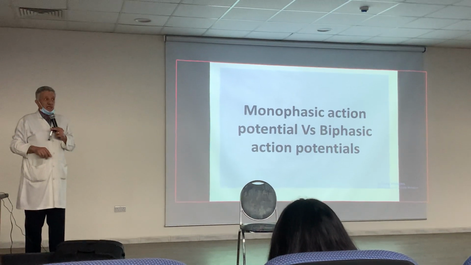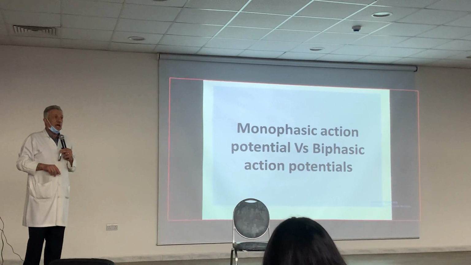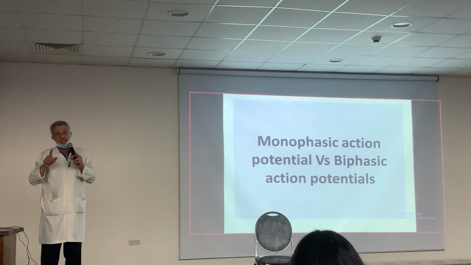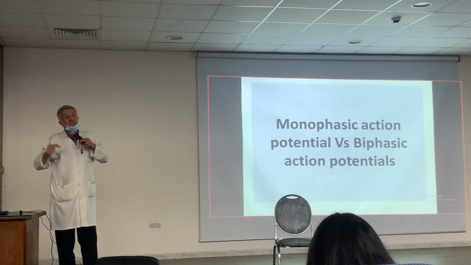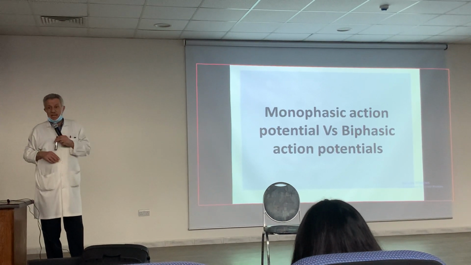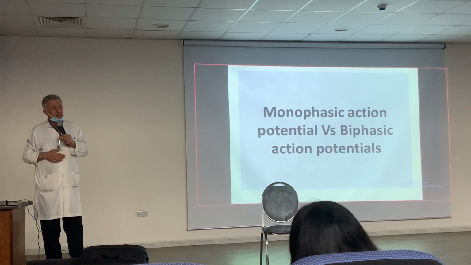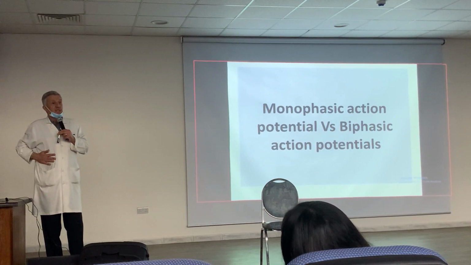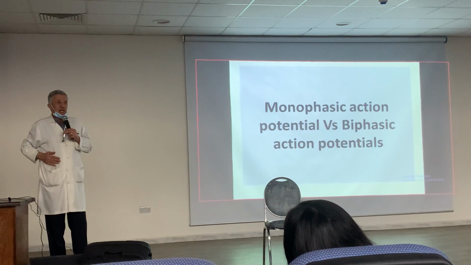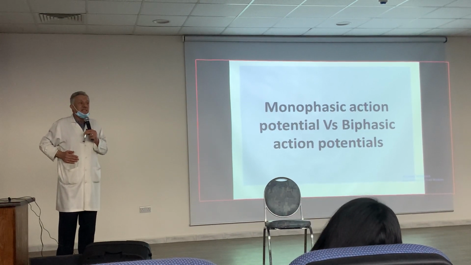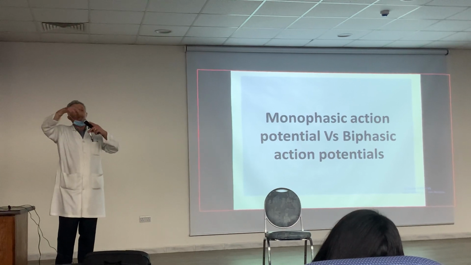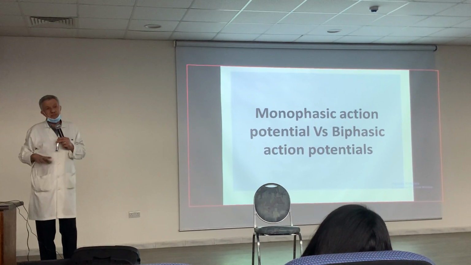The question is, can we record the changes in the membrane potential by placing the two electrodes outside? Yes. What will be the potential that can be recorded at rest if you have placed the two electrodes outside? Zero.